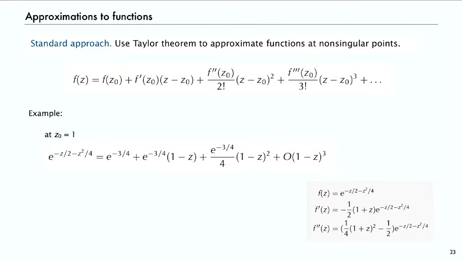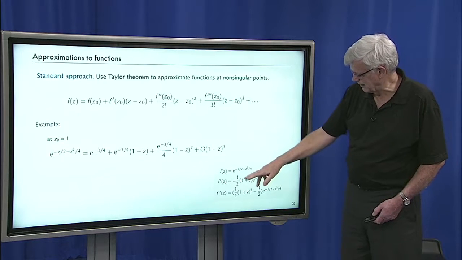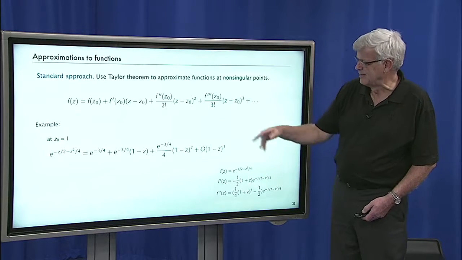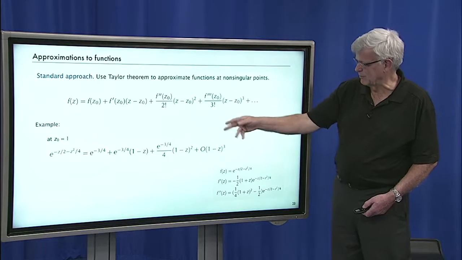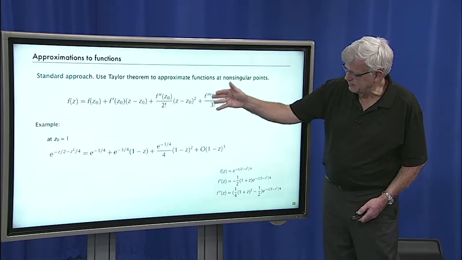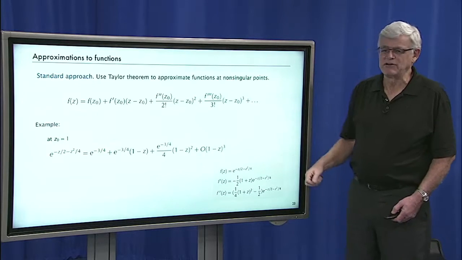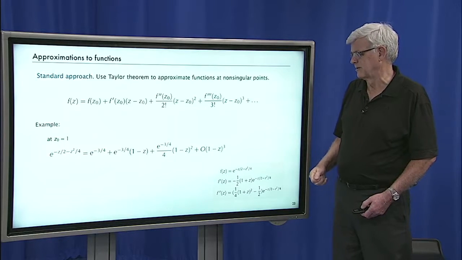So the function evaluated at 1 is e^(-3/4). The derivative evaluated at 1 is plus e^(-3/4), because 1 plus 1 is 2, and then there's a minus that cancels out. The second derivative evaluated at 1 you can get as e^(-3/4) over 4, and so forth. Just use Taylor's theorem to develop an expansion of the function at any point where it's not singular.